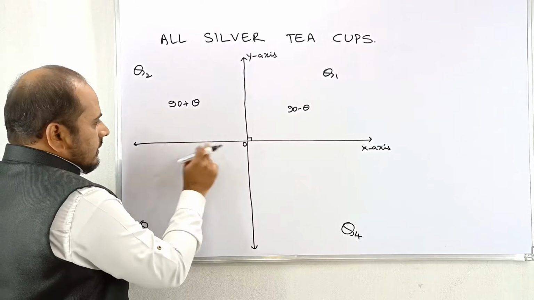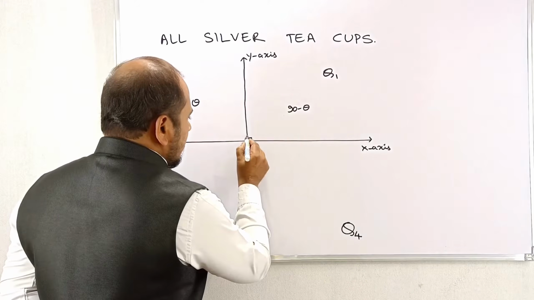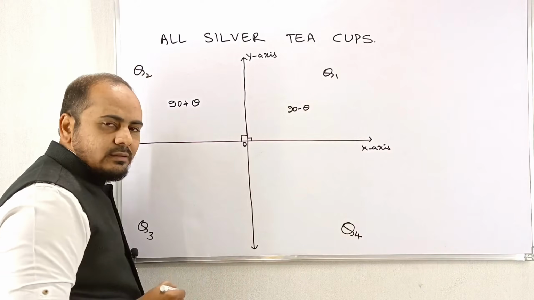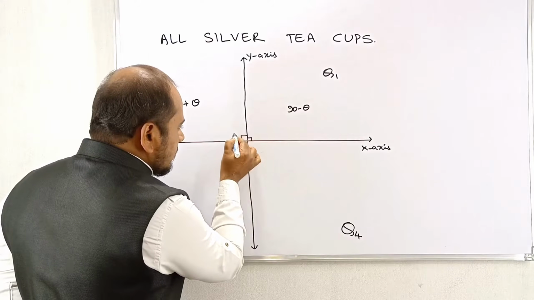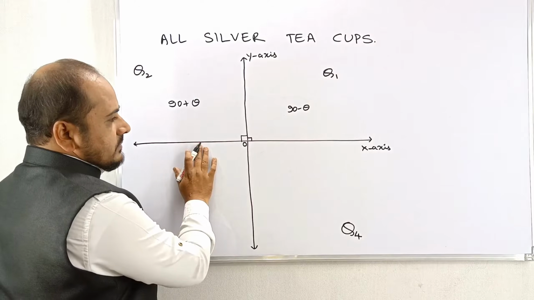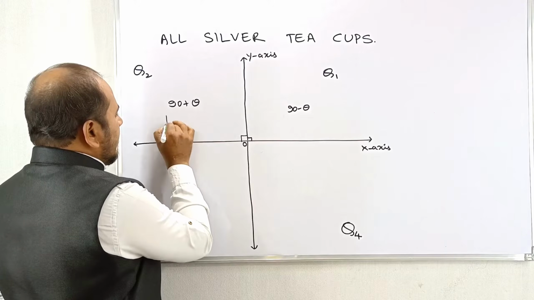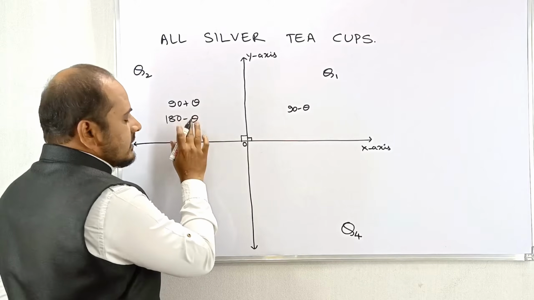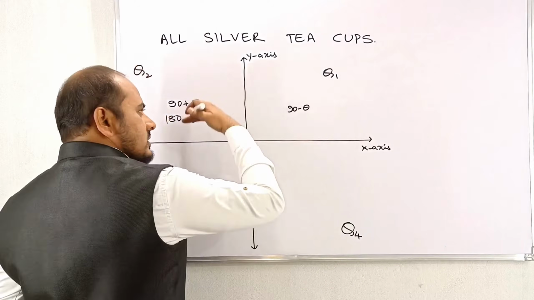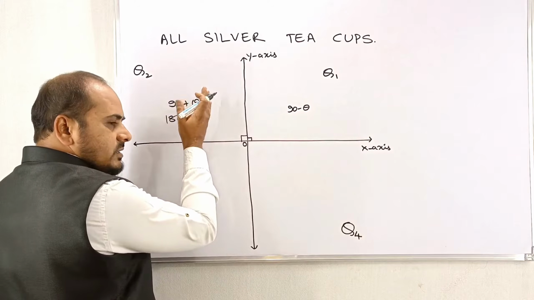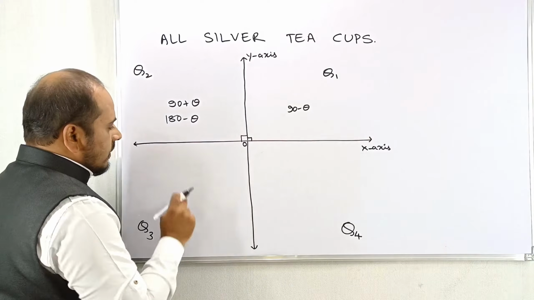And then this angle represents 180 because it's a straight line, a linear pair. So from here to here makes 180 degrees. Whatever angle is less than 180 also represents the second quadrant. Not only 90 plus theta, my dear, 180 minus theta also represents the second quadrant. Now come to the third quadrant.